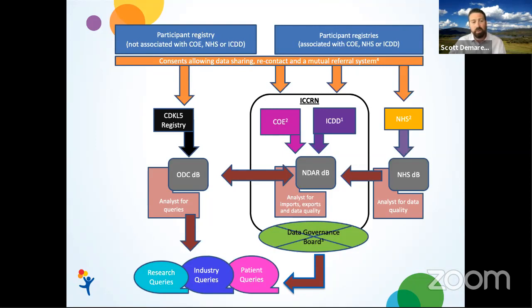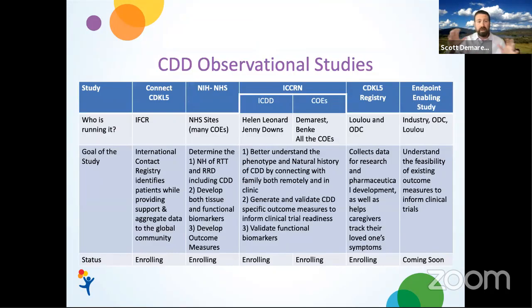This is what we're trying to work towards, so that we can do things as efficiently as possible. And with that, we thought it would be useful, both from the Lulu and ODC side of things and the ICCRN, ICDD side of things, to give a little bit of an overview of what all these different things are. What are all the different types of observational studies that are going on, and how are they complementary, not competitive?